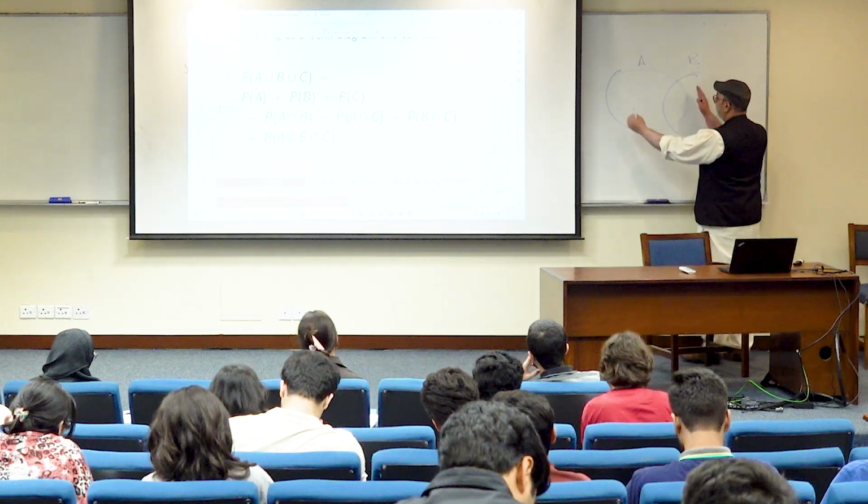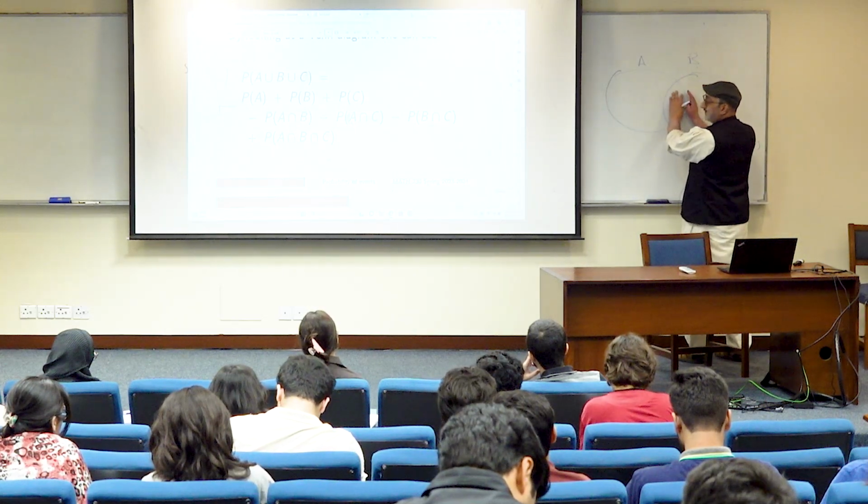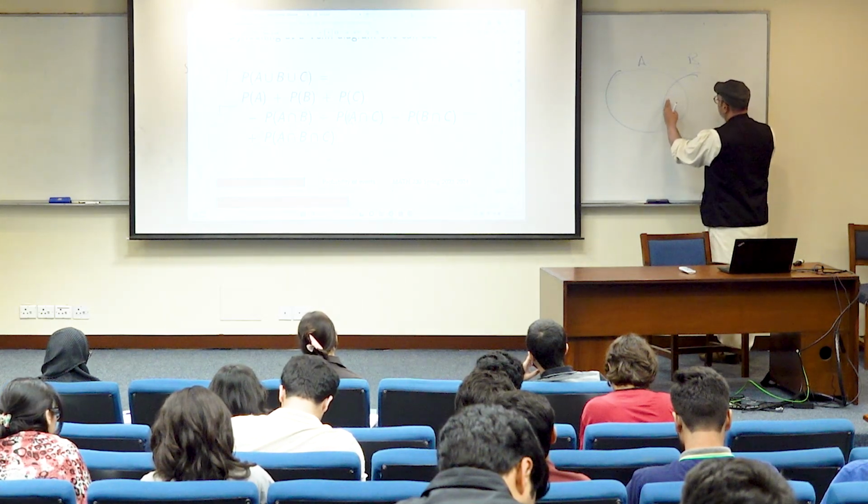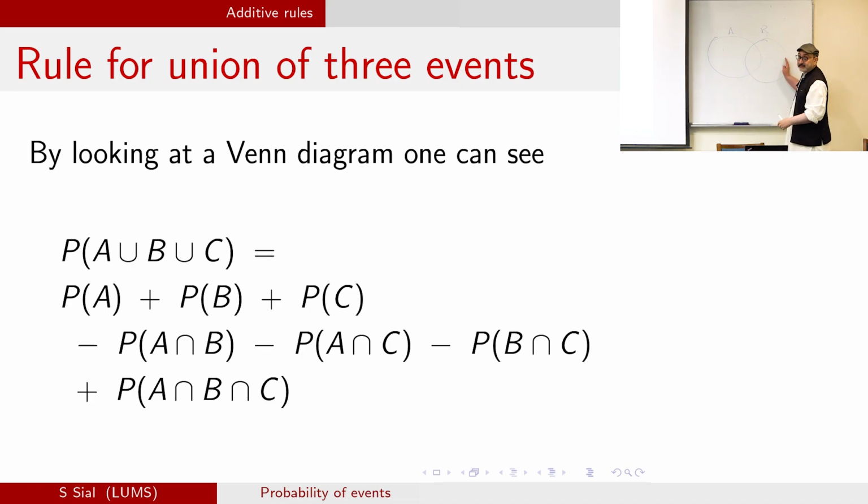So when I say the probability of A, now I've counted the intersection once, plus the probability of B, now I've counted the intersection twice. So I should subtract off the probability of the intersection. Okay? Now I do another one. So I have the idea that I need to subtract off the pairwise intersections.